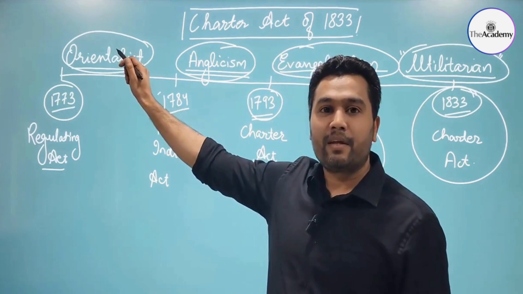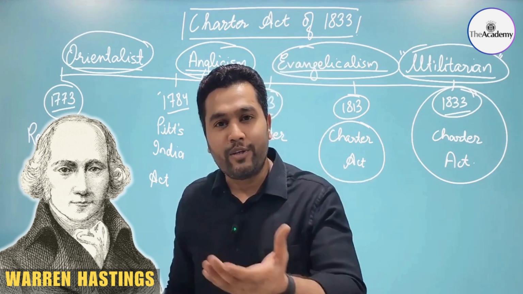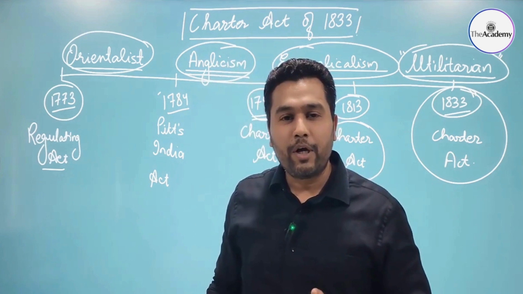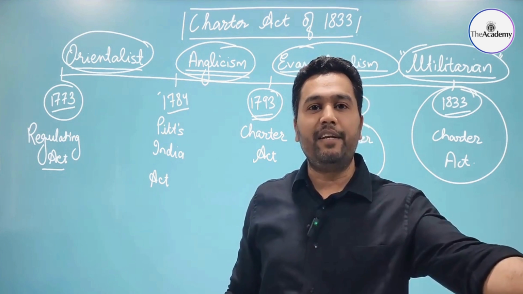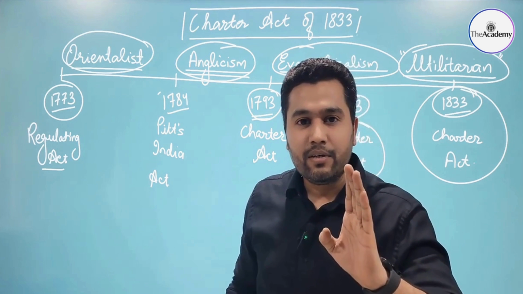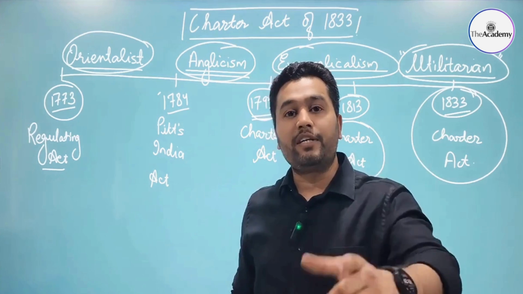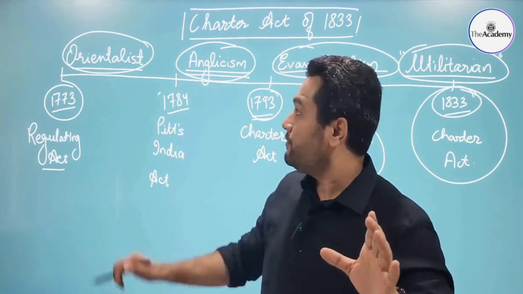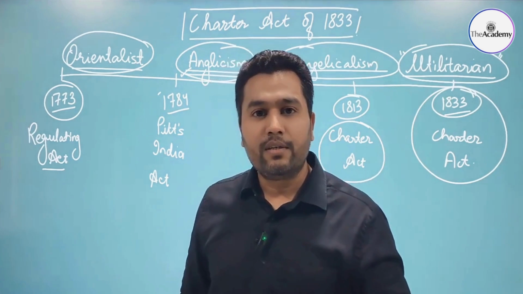Orientalism under Warren Hastings produced a false knowledge of India. It was studying of India's past by foreigners which suited their needs to show India in poor light, which would form the basis of racial superiority claimed by the British, which found expression in the form of Anglicist thought.